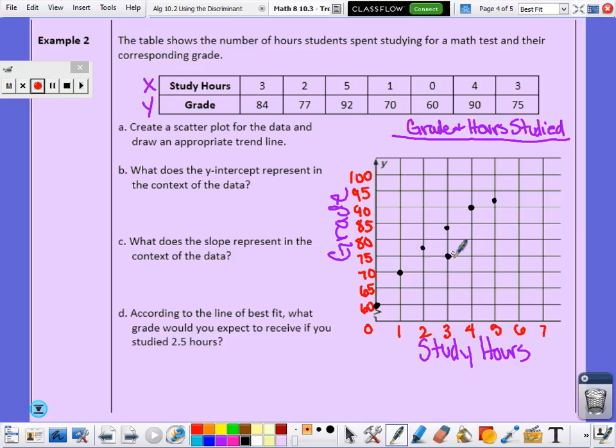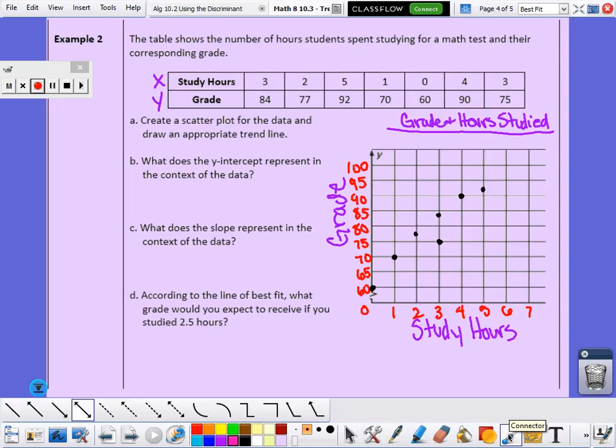And now I need to draw a trend line. So I'm going to try and hit as many points as I can and try and keep the line really close to my data points. So my trend line is going to look something like that.